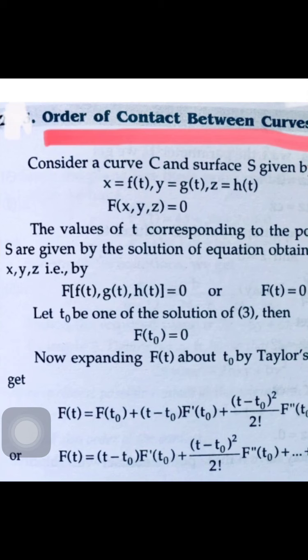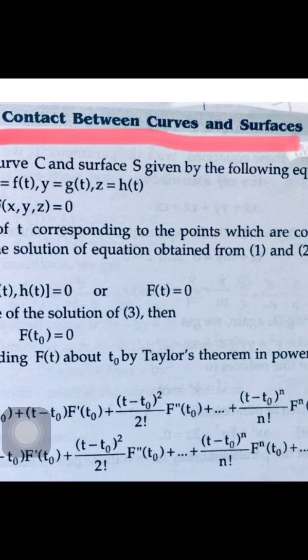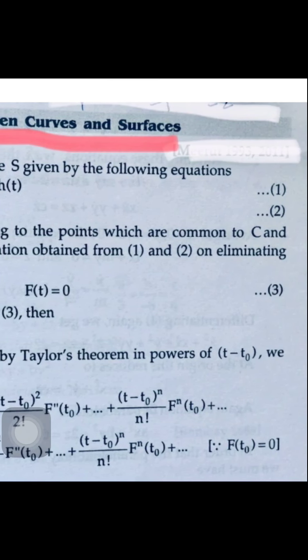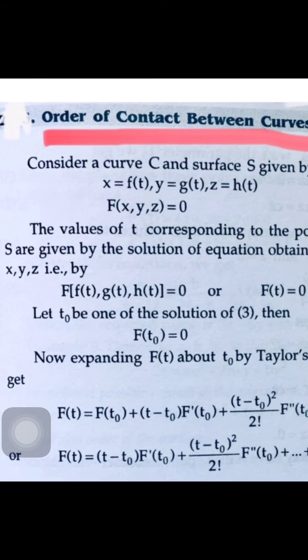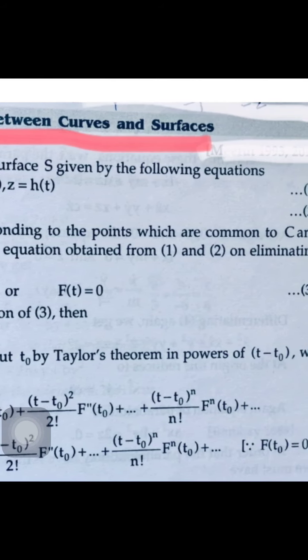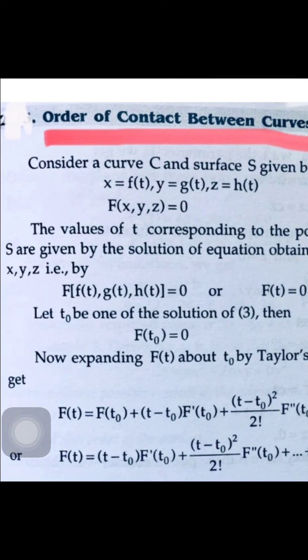So we have a curve C and surface S. The values of t corresponding to the points which are common to C and S are given by the solution of the equation obtained from 1 and 2 on eliminating x, y, z.